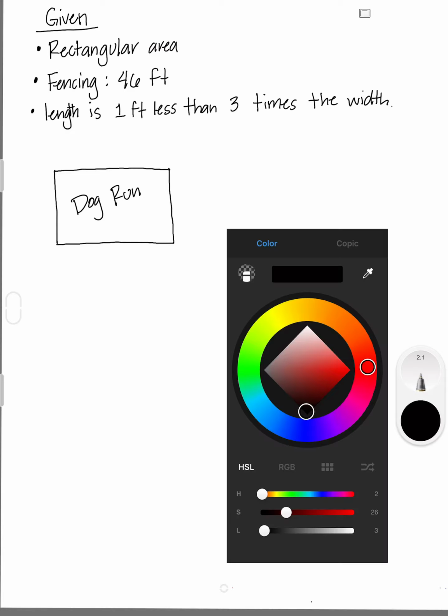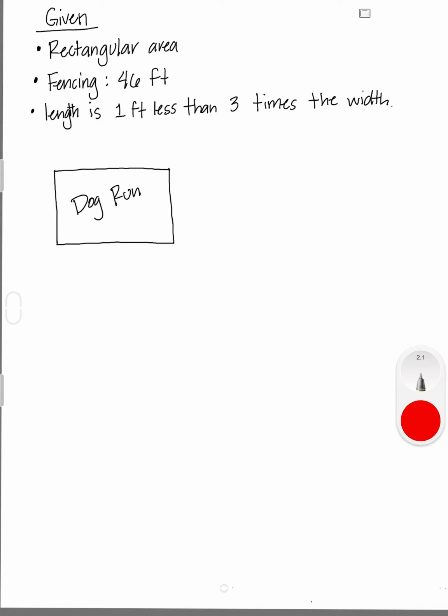The fencing is going to go all around the rectangular region. If you remember from last week, whenever we're going all around a shape, that means we're finding the perimeter. So by telling us that the fencing is 46 feet, they're saying that the perimeter equals 46 feet.